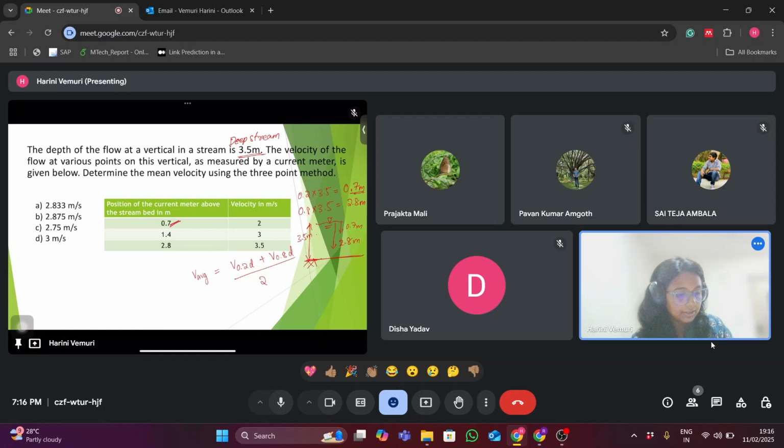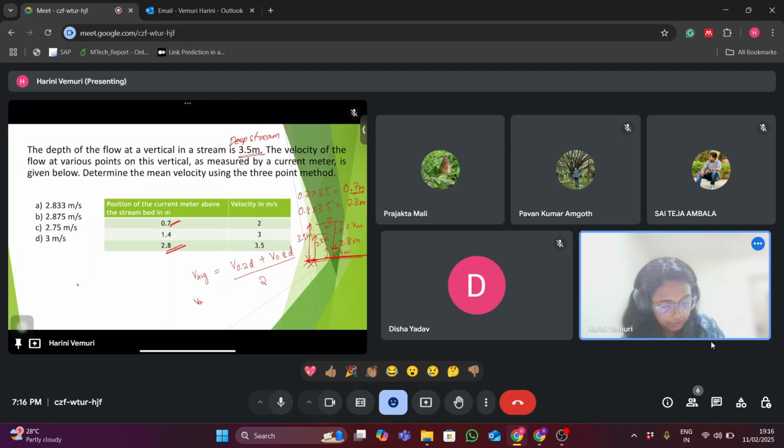Bed means this one. So when we are calculating, this point will be a difference of 3.5 meters and 2.8, that is 0.7 meter. And this is from the bed 2.8 meters. Okay, these two values we will be taking.